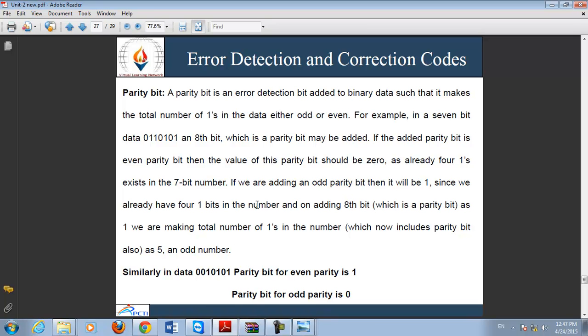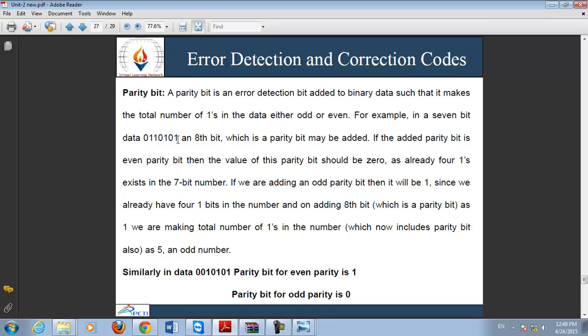But only detection is possible by using the parity bit. Error correction is not possible. For example, in 7-bit data, the 8th bit is the parity bit, which will be added after calculating the parity of the number of ones available in the data sent.